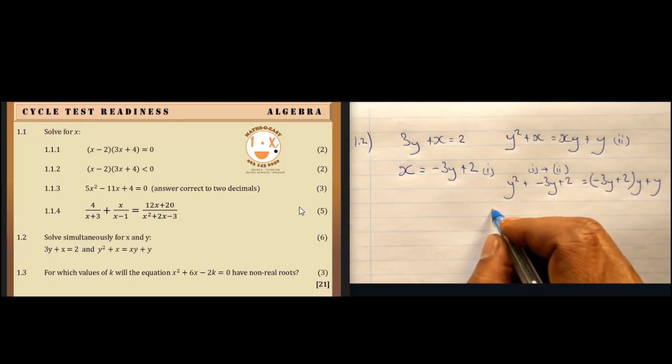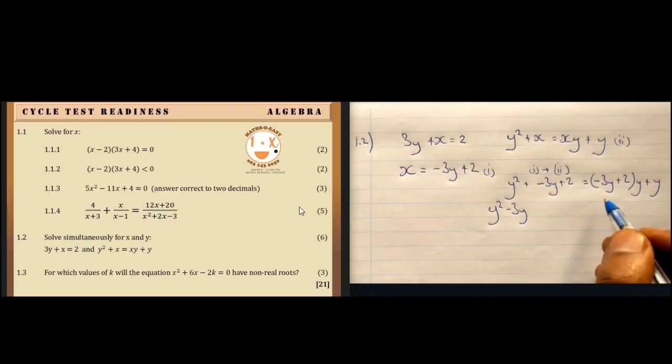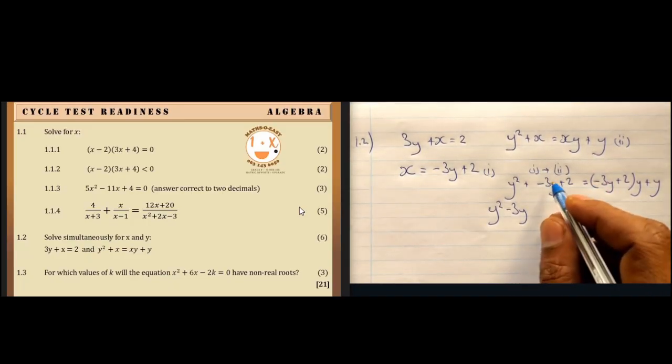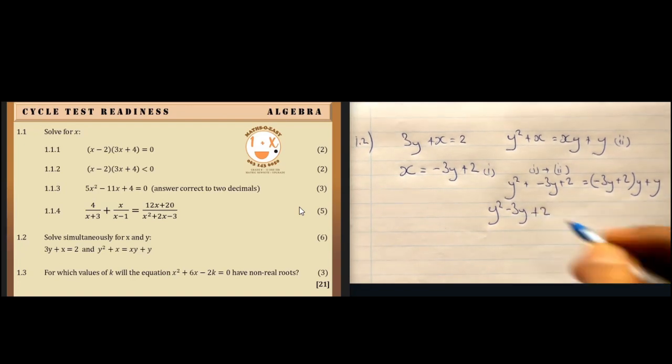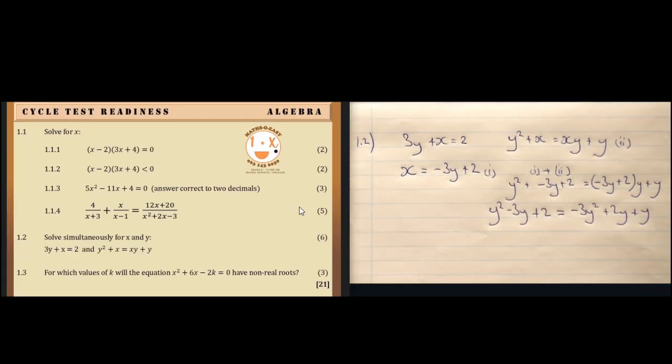So I'm going to have my y squared minus 3y. Then I'm going to have my, okay, let me not mix things. I'm going to leave things as they are. So I'm going to next negative 3y squared plus 2y. So this is my distribution. Then I mustn't throw away that y. You remember I've been warning you.